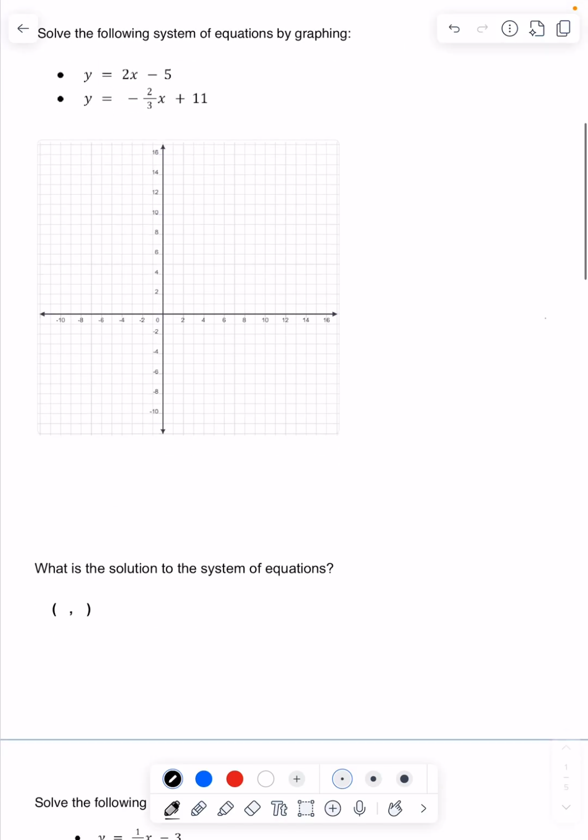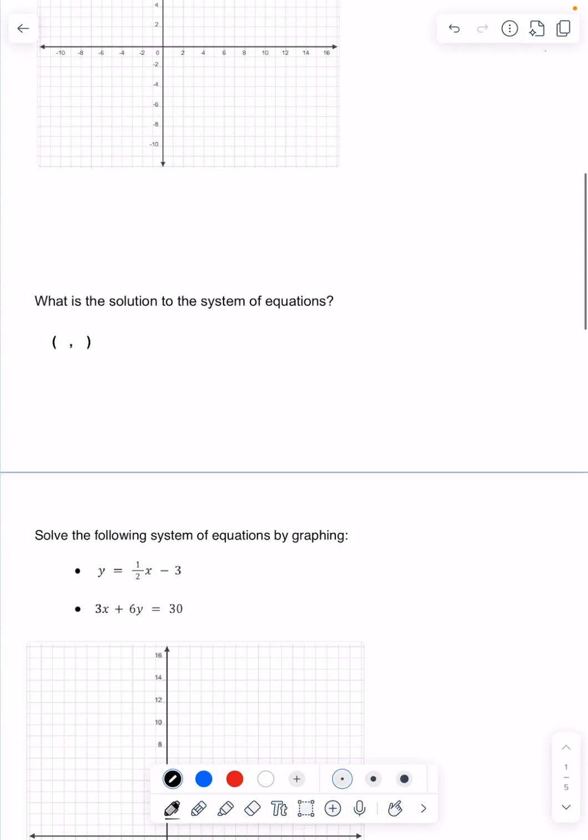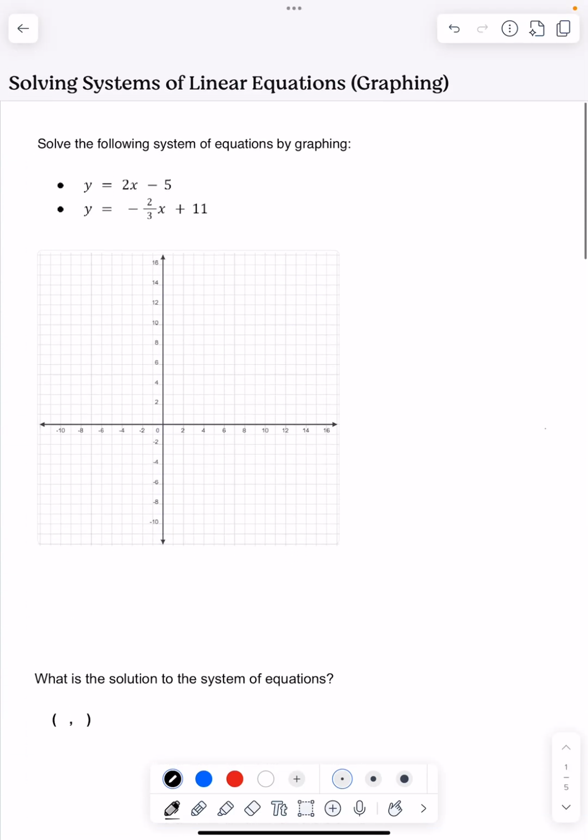So I do have three different situations of the ways that you could potentially see them in our unit, right? And it will depend on whether we see it in standard form, which is ax plus by is equal to c, or in slope-intercept form, which is y equals mx plus b.